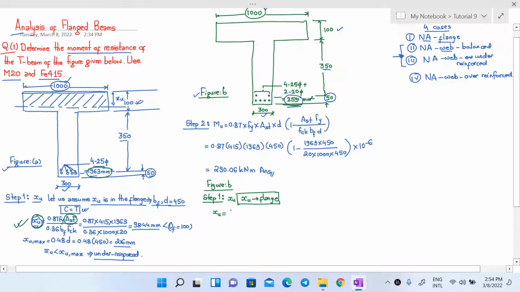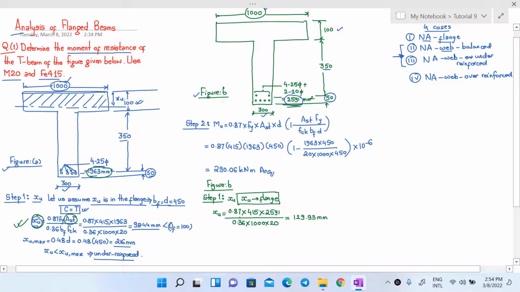I'll use the same formula here, 0.87, Fy is 415, and now Ast is 2591 over 0.36 into 1000 into 20. This will give us the value of Xu as almost 129.93 mm.